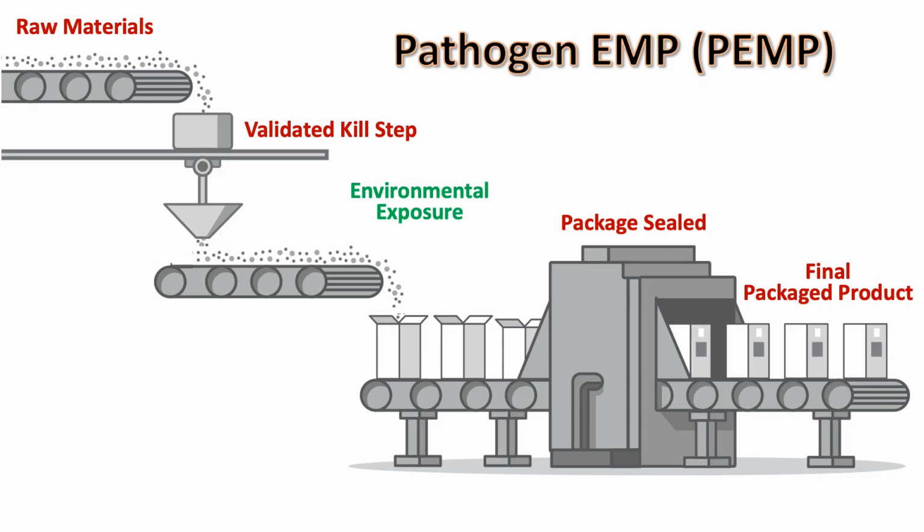An example of this type of product might be a roasted nut. After the nuts leave the roaster, they travel on a conveyor belt while they cool. The final package is then filled with the cooled nuts and the package is sealed. The sealed packaged product doesn't undergo any further processing. In this example, a PEM program is likely required.